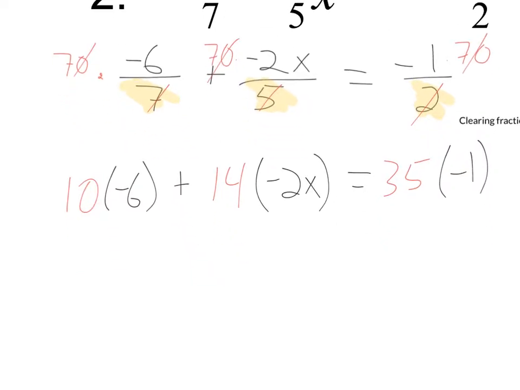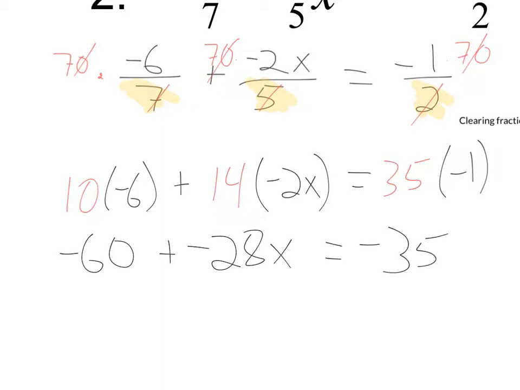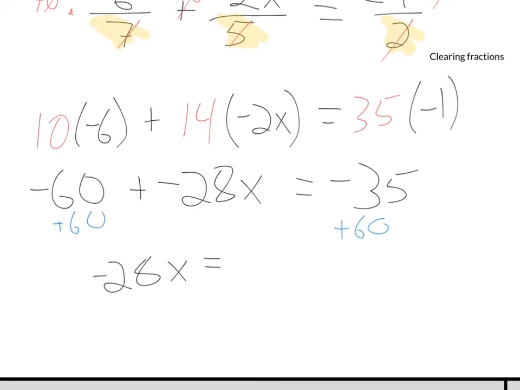So let's solve. I have negative 60 plus negative 28x, so technically minus 28x, equals negative 35. To solve from here, I need to add 60 to the other side. I'm getting negative 28x equals, let's see, negative 35 plus 60.